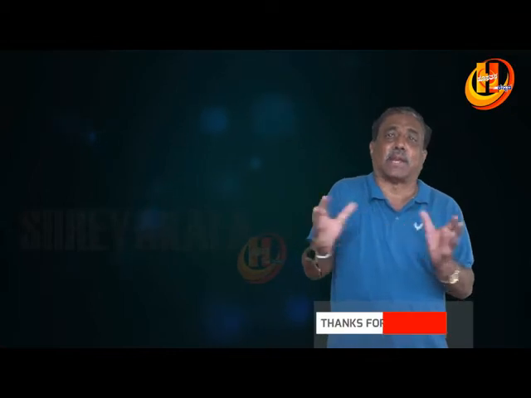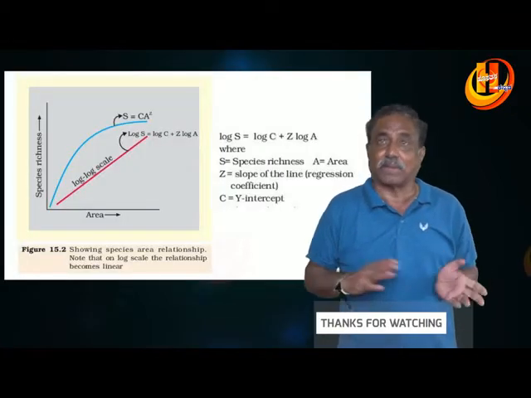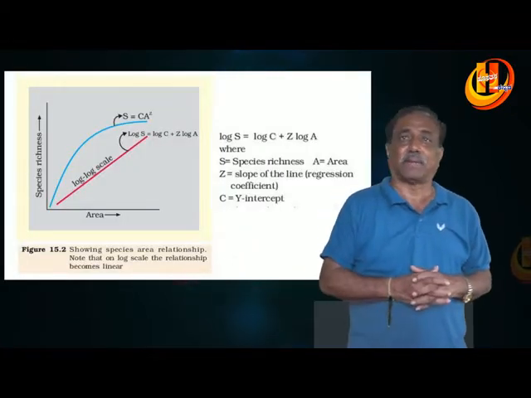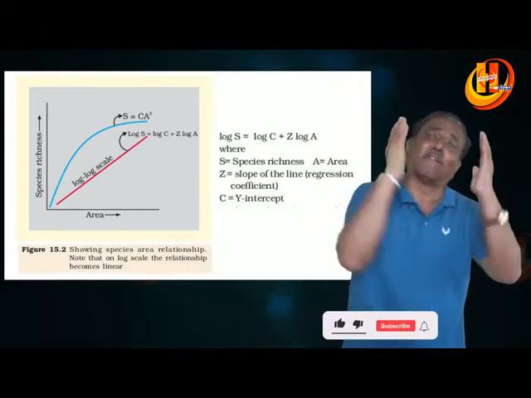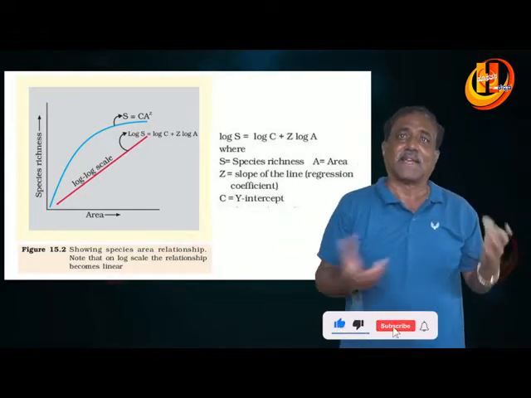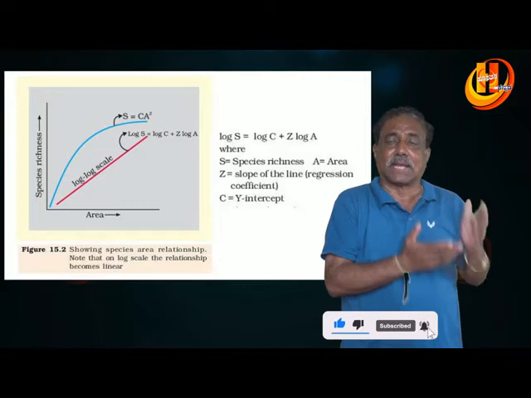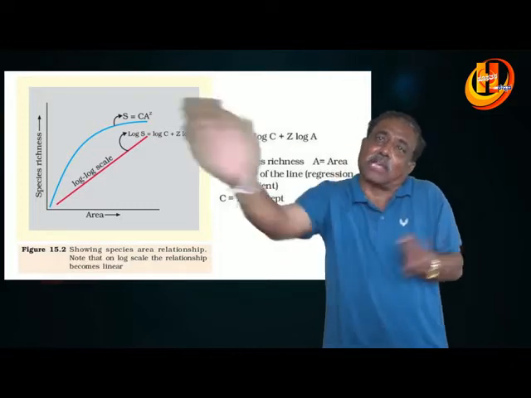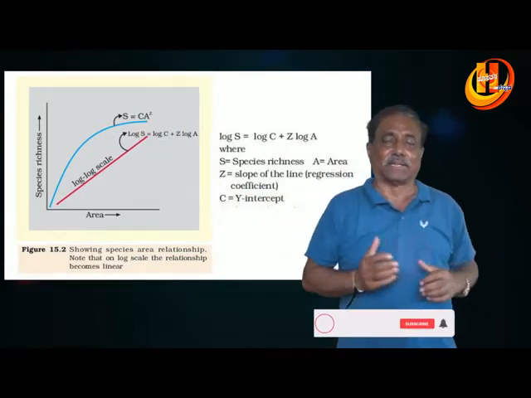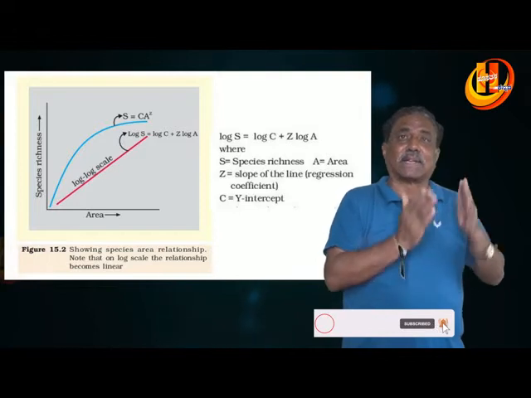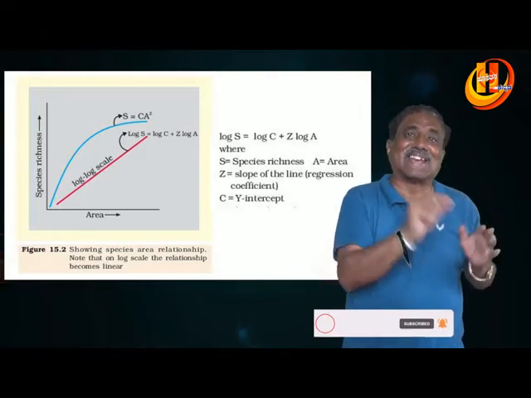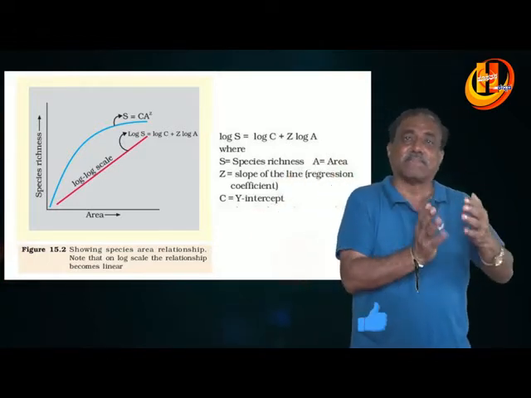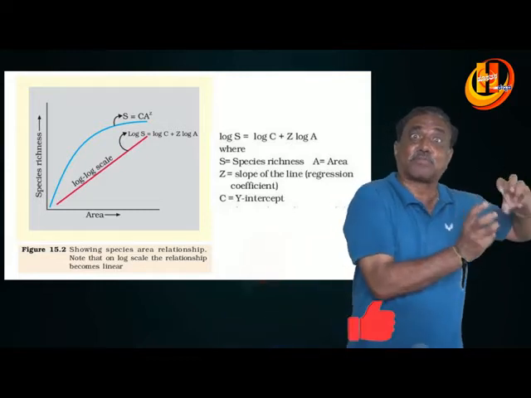And coming to the species-area relationship, which is very, very important. That was proposed by Alexander von Humboldt. Very important: log S equals log C plus Z log A. Log S means logarithm of the number of species.